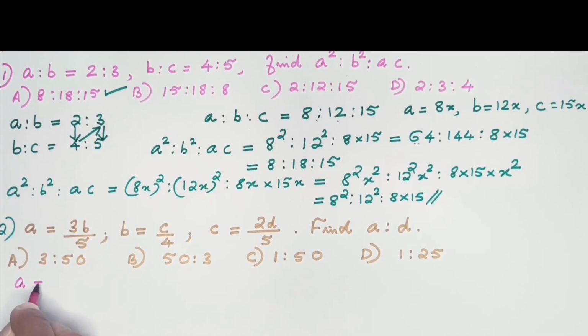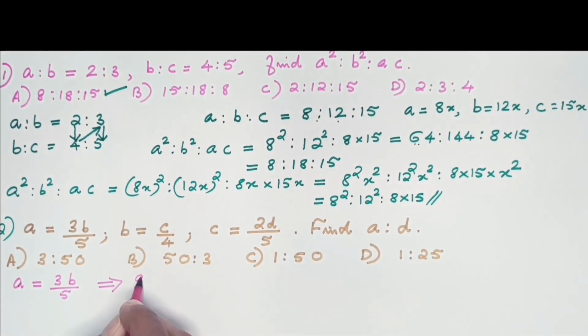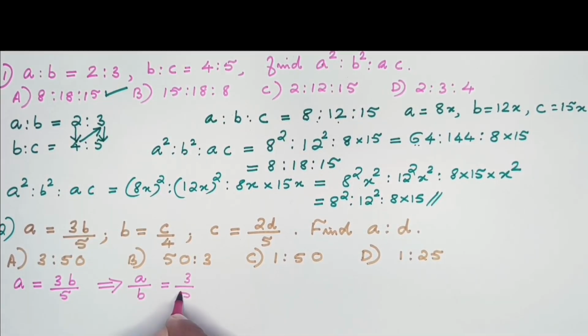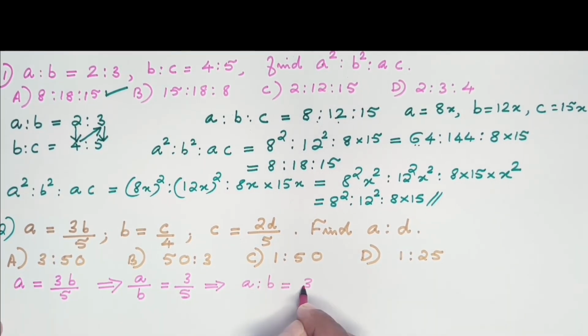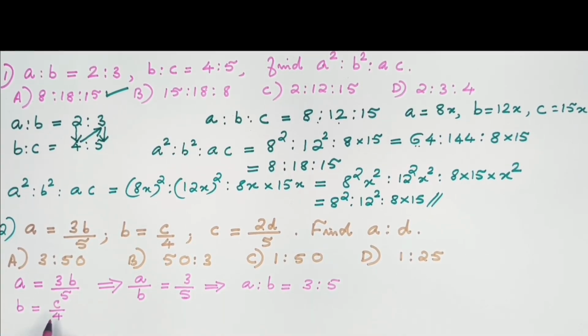See, A equals 3B over 5. Take B to the left side. Here it is multiplication. There it becomes division. And 3 over 5 on the right side. This means A is to B equals 3 is to 5. Similarly, the next one, B equals C over 4.